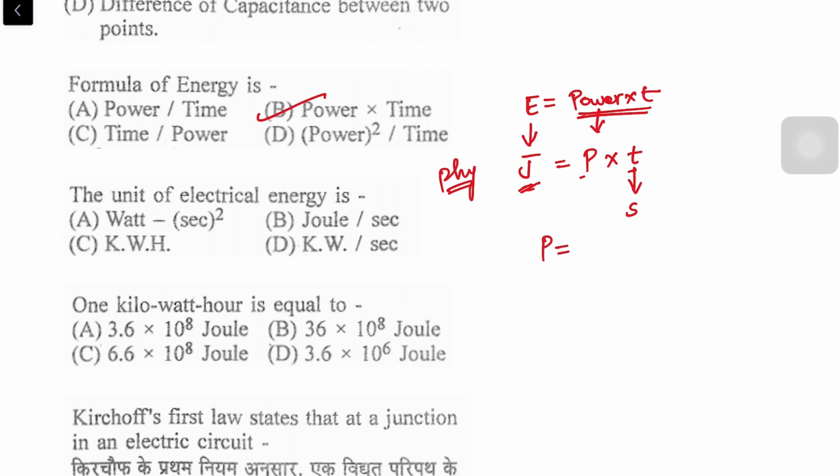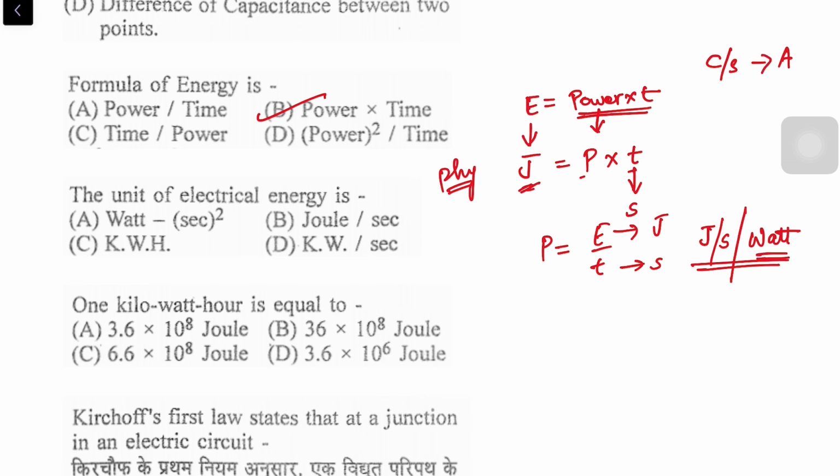So to find the unit of power, it is energy by time. The unit of energy is joules, the unit of time is second. So the power unit is joules per second. This joules per second is also called watt. Just like coulomb per second is called ampere, joule per second is called watt. So you know the unit of power is watts.